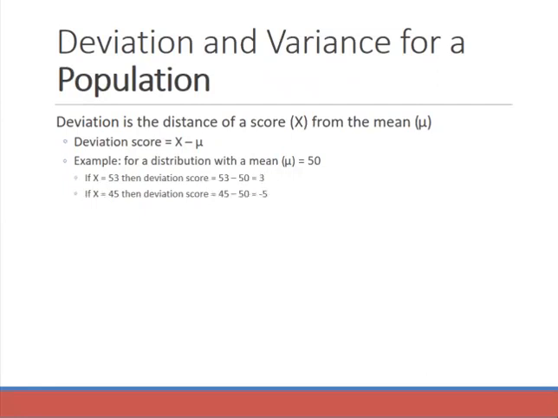When we look at these deviations, the sign, whether it's positive or negative, tells us whether the score is located above the mean or below the mean. So 53 is located above the mean because it's positive, while 45 is located below the mean because it's negative. And the actual number tells us how far it is from the mean.